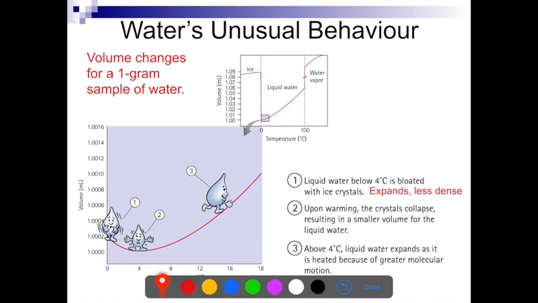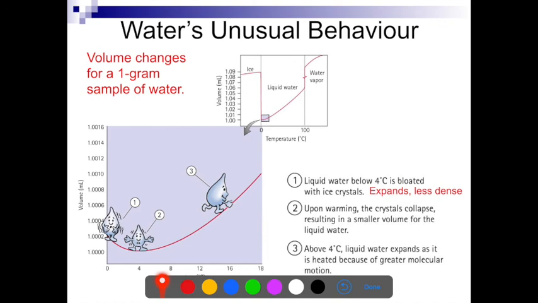The expanding volume causes ice to become less dense. Recall that density is equal to mass over volume. So as volume increases, density decreases, and the water below 4 degrees Celsius becomes less dense.